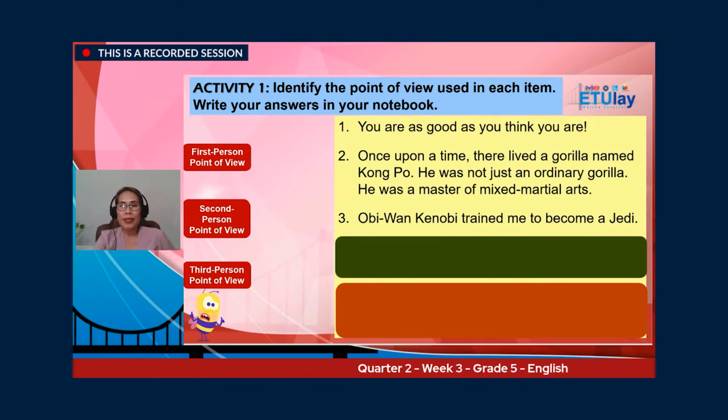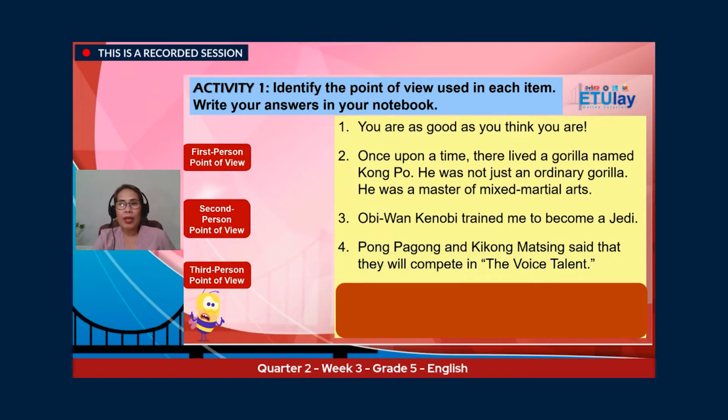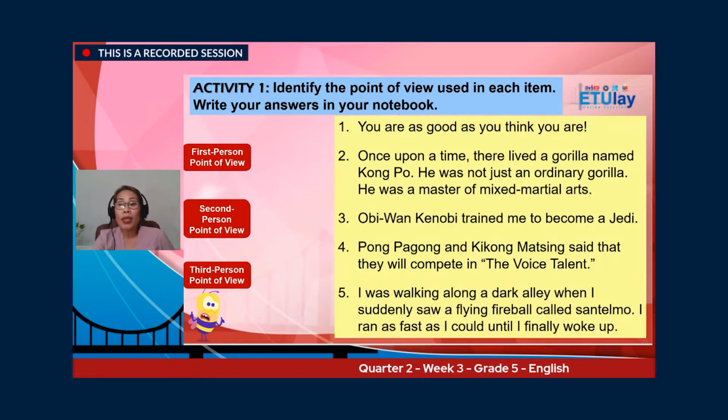Number 4 sentence, Pong Pagong and Kikong Maching said that they will compete in the voice talent. And the last sentence, I was walking along a dark alley when I suddenly saw a flying fireball called San Telmo. I ran as fast as I could until I finally woke up.